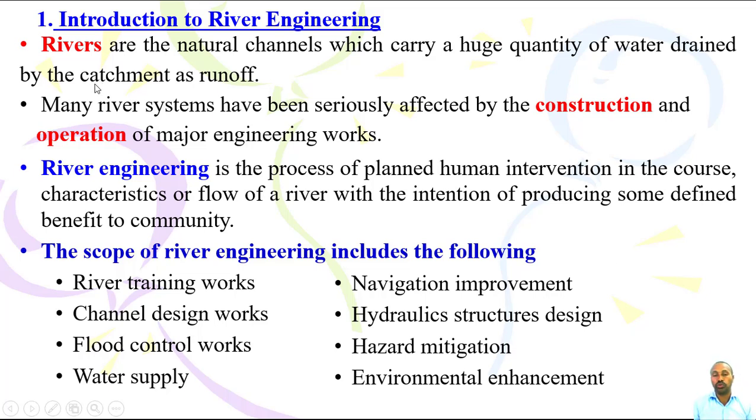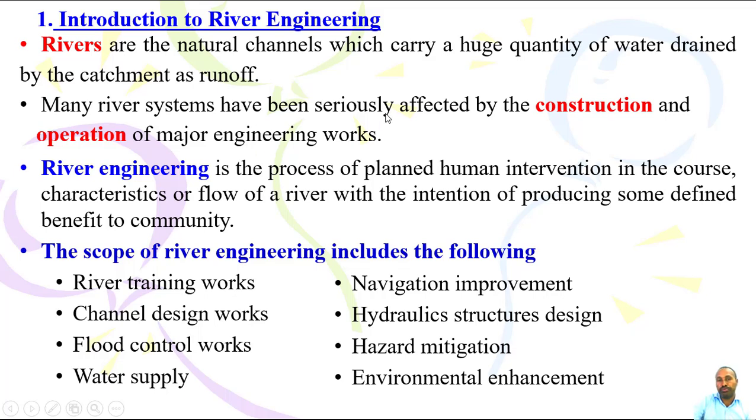As an introduction to river engineering, rivers are natural channels which carry a huge quantity of water drained by the catchment as runoff. If you have a catchment and rain is falling over it, we will get overland flow, or runoff.